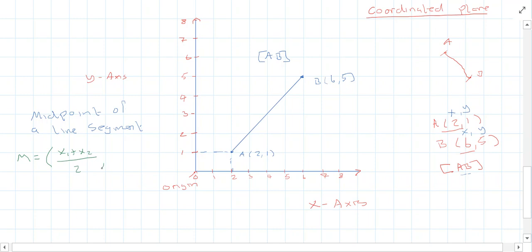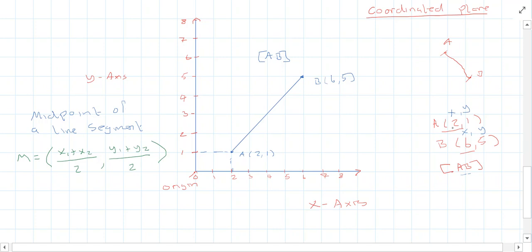That's one coordinate. And then the other coordinate is y1 plus y2 divided by 2. This gives you the x coordinate and the y coordinate, which correspond to the midpoint of this particular line.